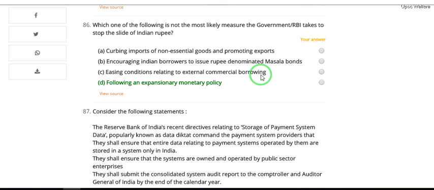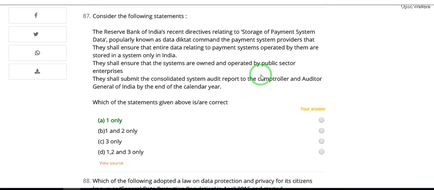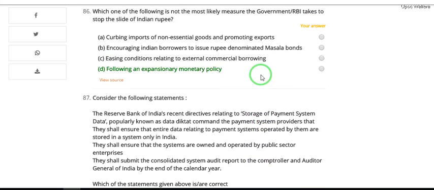Now see question 86. Which one of the following is not most likely a measure of the government or RBI to stop the slide of the Indian rupee? Following an expansionary monetary policy. D will be the correct answer. Why is it so? Because the others are all most likely measures. Curbing import of non-essential goods and promoting export is of course a measure by the government and RBI.